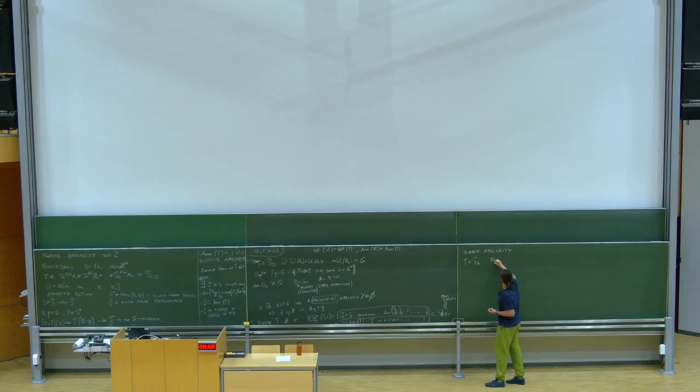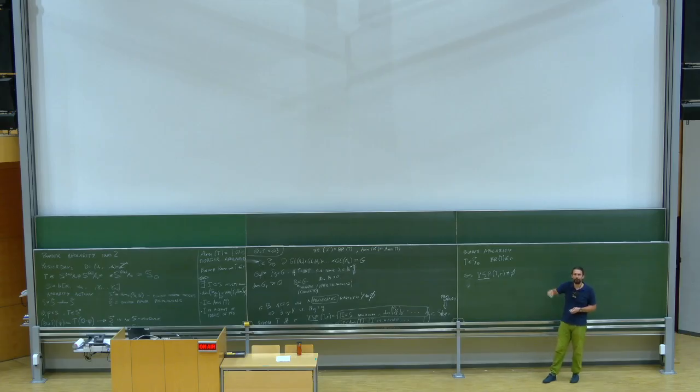The border rank of T is at most r if and only if the border VSP of T and r is non-empty. Okay. Do you agree with that equivalence of these two theorems?